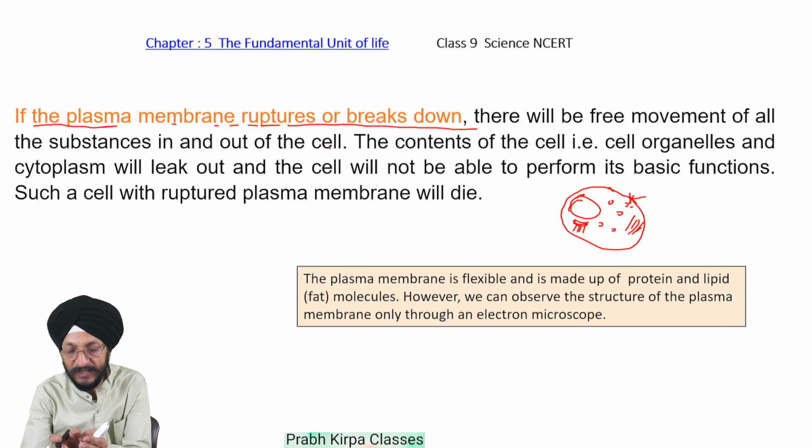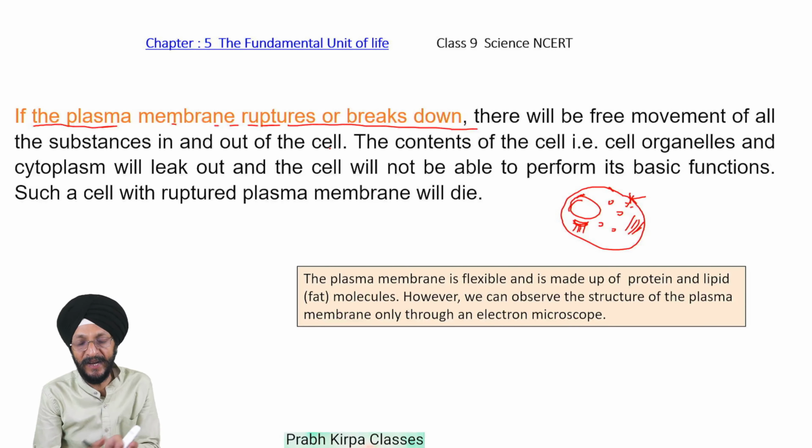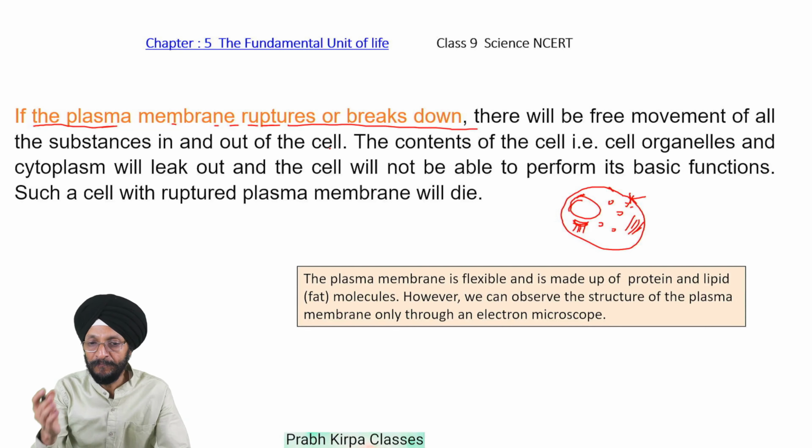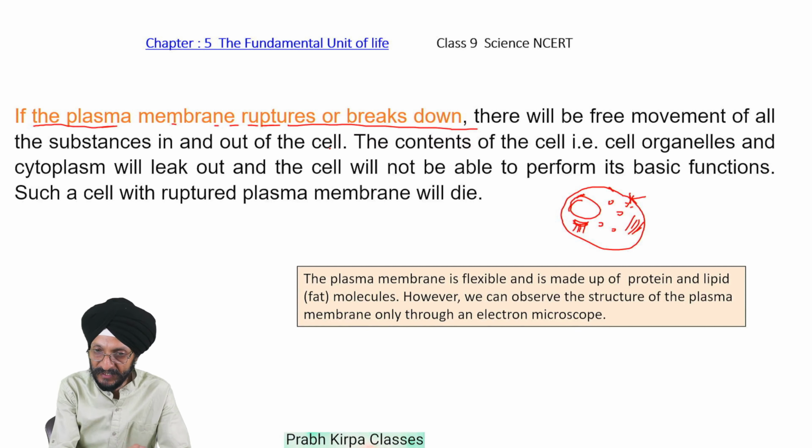As you have read earlier, plasma membrane is a selectively permeable membrane. It allows only selected substances to come in and go out of the cell. But if there is no plasma membrane, there will be free movement of substances to come inside the cell or go outside the cell.